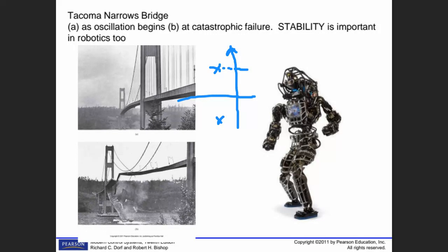So this is the unstable part of the system. So the roots should not be located here. Okay.